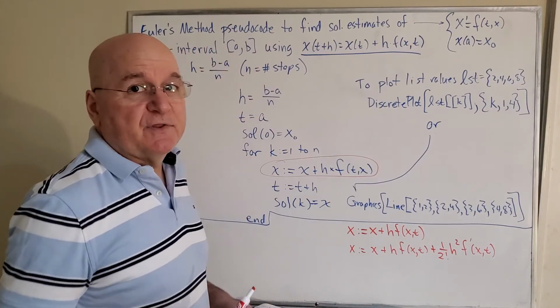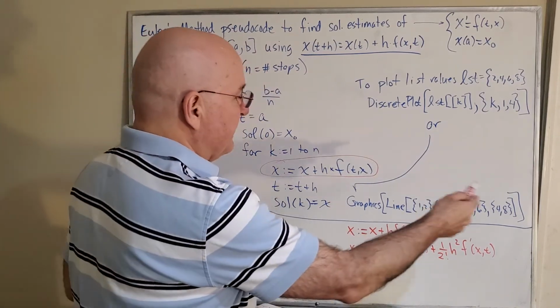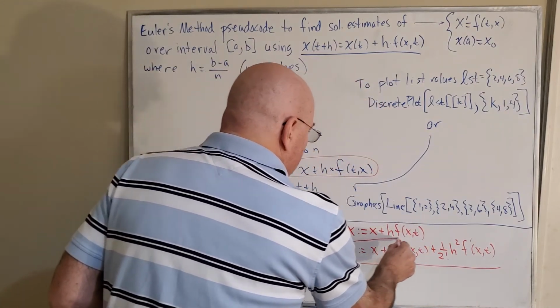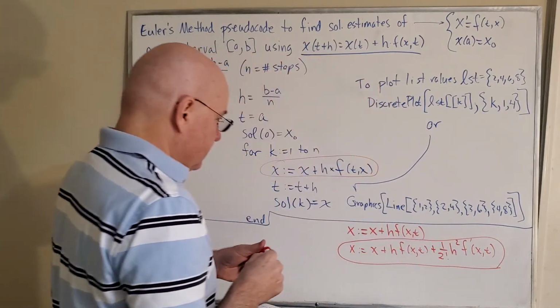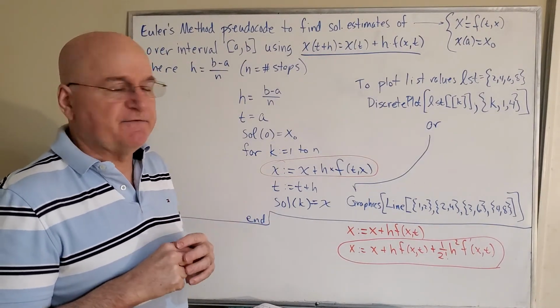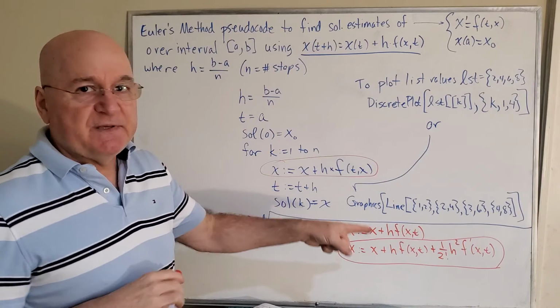Actually, you could go out to a third term where you get 1 over 3 factorial and so on. This probably doesn't gain you a whole lot. It's probably better to use a completely different method. This would be an improvement.